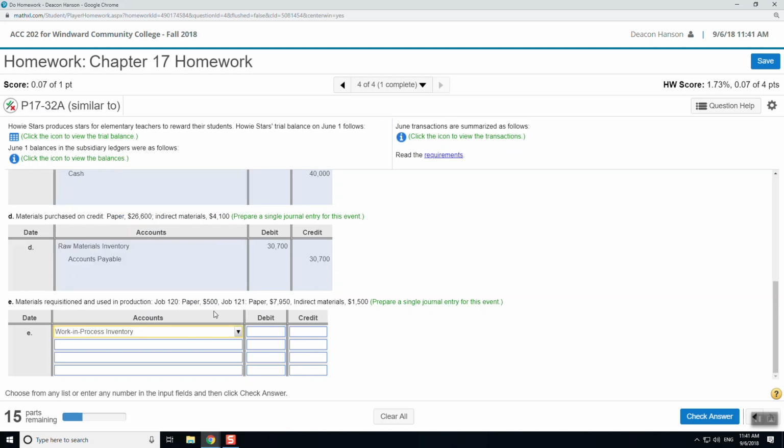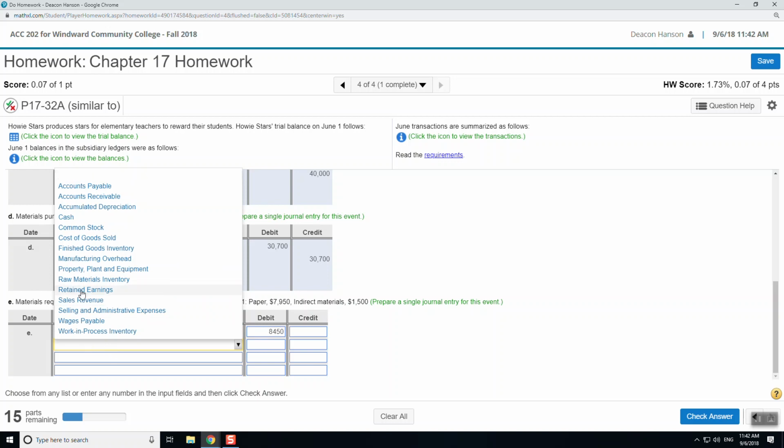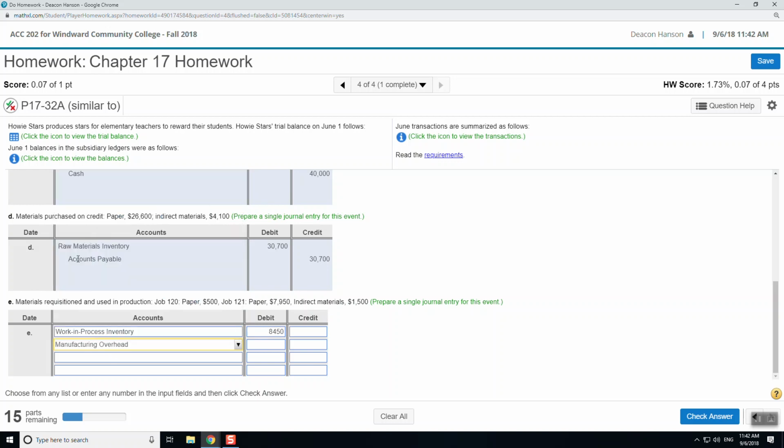Okay, so I got 8,450. That's correct. If I add these two, the 500 that's going to job 120 and the 7,950 that's going to job 121. Okay, and then the indirect material goes to an account called manufacturing overhead.